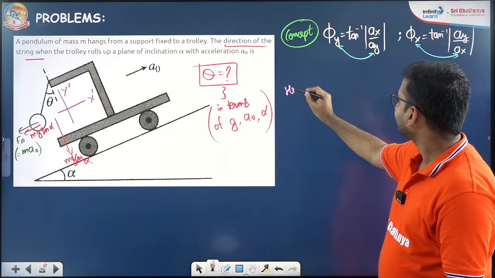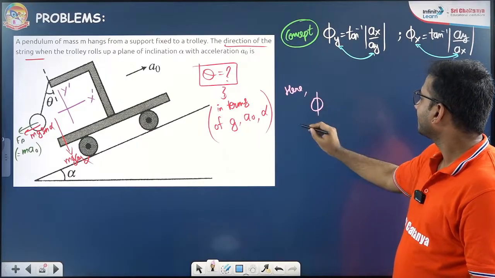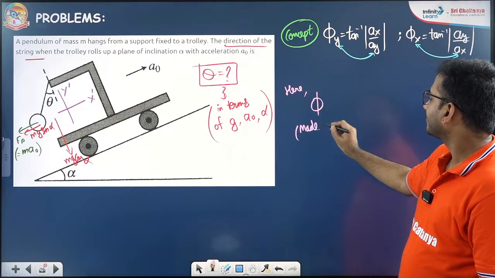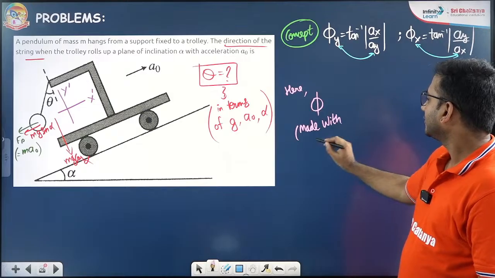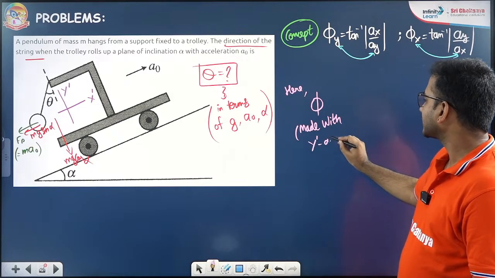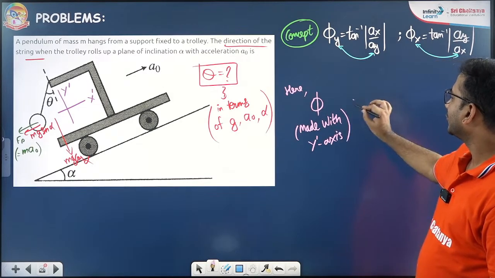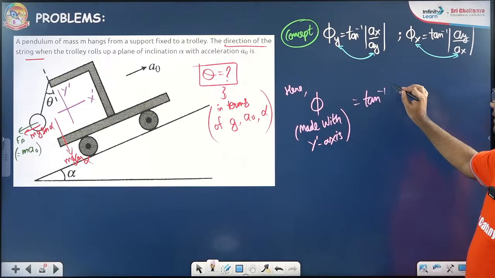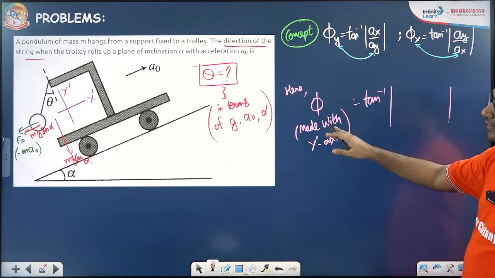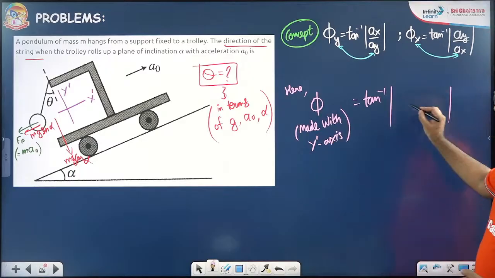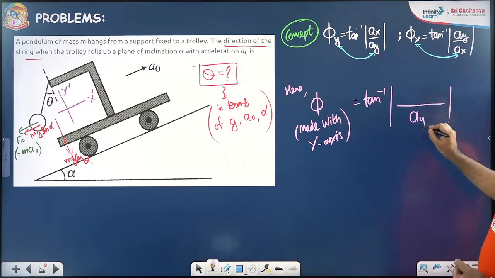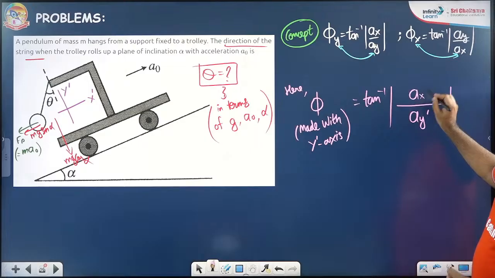So theta, made with the y dash axis, will be equal to tan inverse, and with whichever axis the angle is made, that component must be coming in the denominator. So that will be Ay dash, and here it is Ax dash.